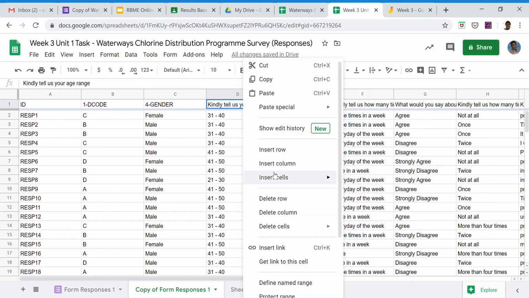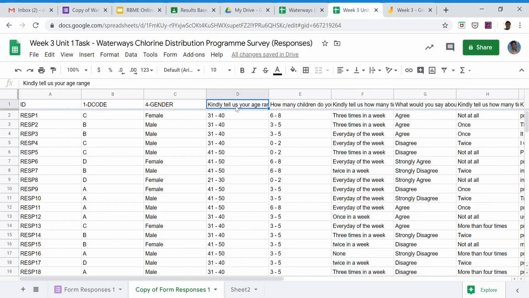This is question 6. So I can say 6 age, then 7, child number.